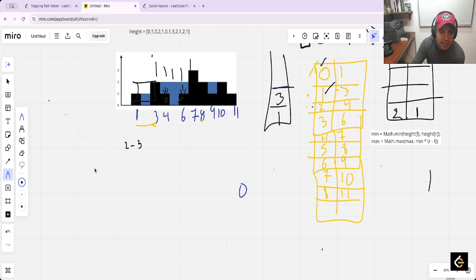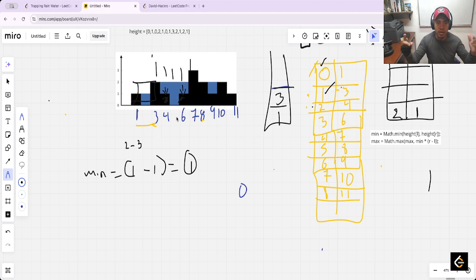In this case the min between 1 and 1 is 1. Now calculate how many squares are between this. In this case, 6 and 4. 6 less 4 plus 1 less 2. This is 2 plus 1 is 3, less 2 is 1.